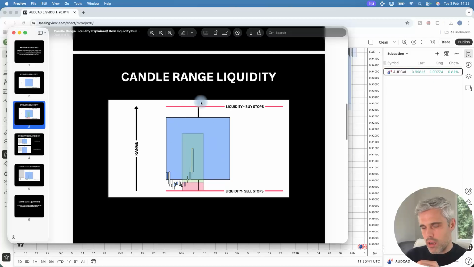When higher time frame candles form, they are creating liquidity, and the largest pools of liquidity sit at the extremes of candle ranges, so the highs and the lows.